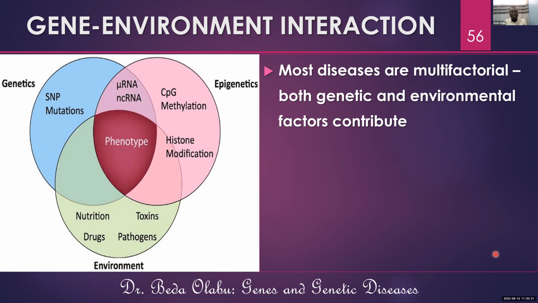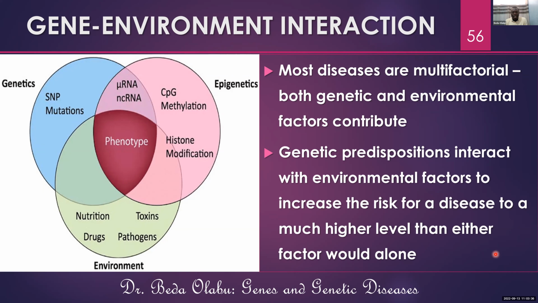So many diseases are actually multifactorial, that there's a genetic predisposition, and so there's an environmental trigger to that genetic predisposition. So there's interaction between the gene and the environment. So those genetic predispositions increase the risk for the environmental exposures to cause diseases.